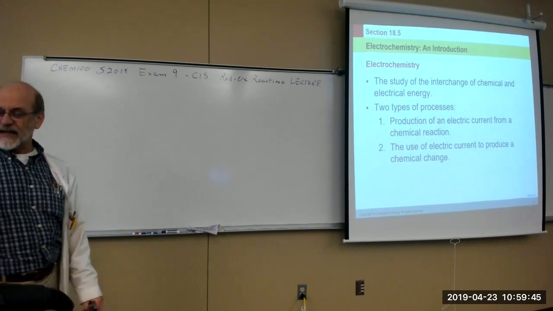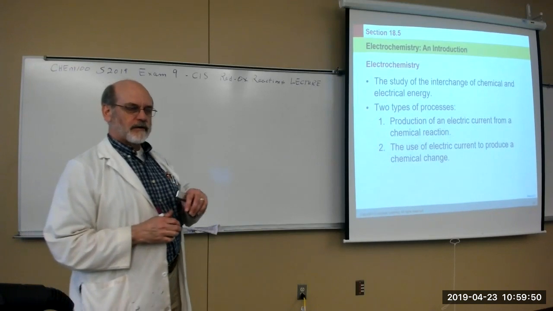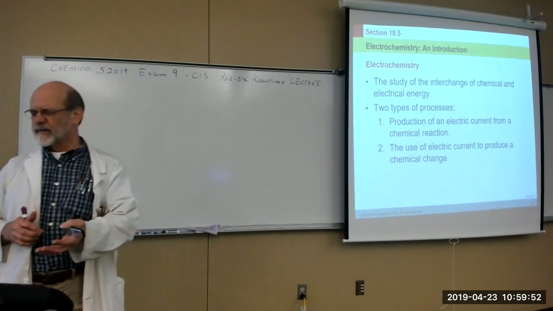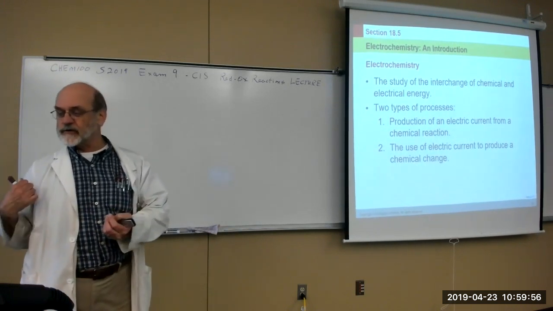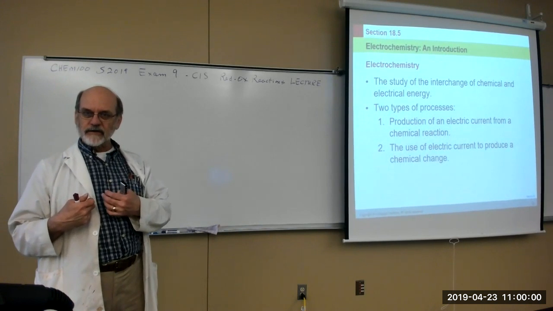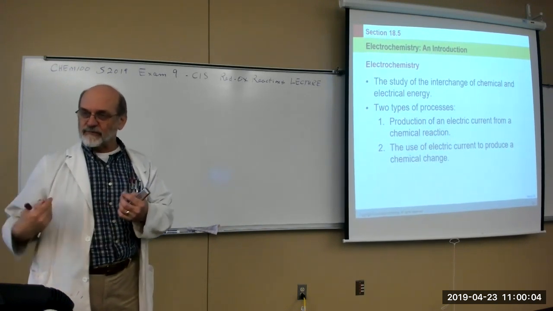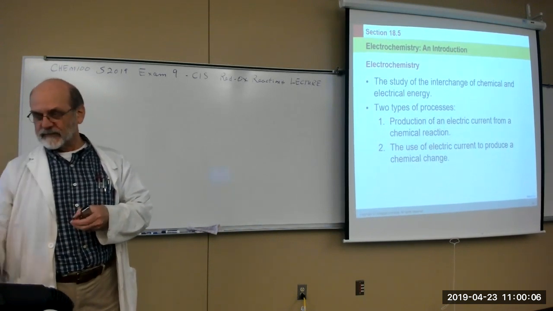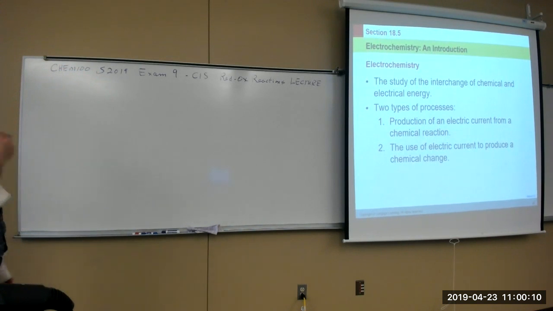If the reaction is spontaneous, we're going to get energy from it in the form of an electric current. But if we want the spontaneous reaction to run in reverse, we have to supply an electric current with a high enough voltage to push the reaction backwards. That's called electrolysis. So, one or the other.